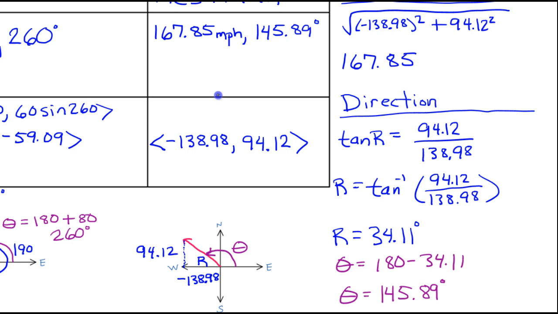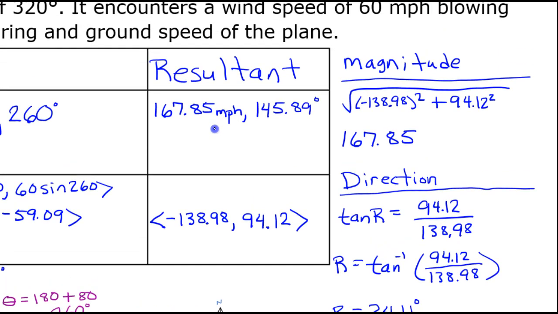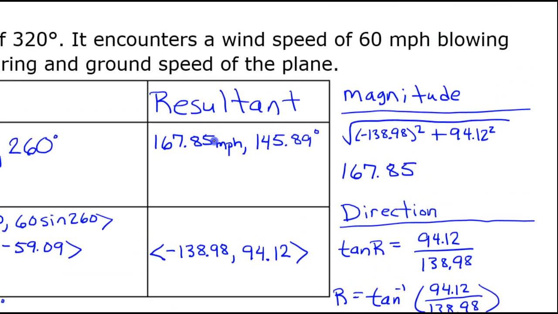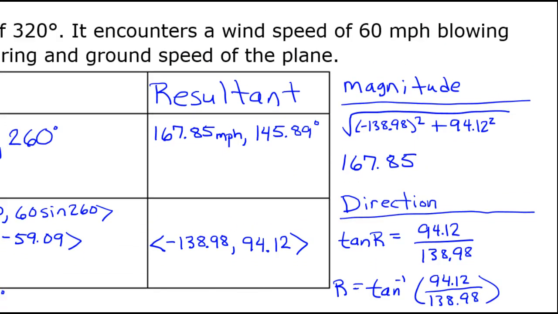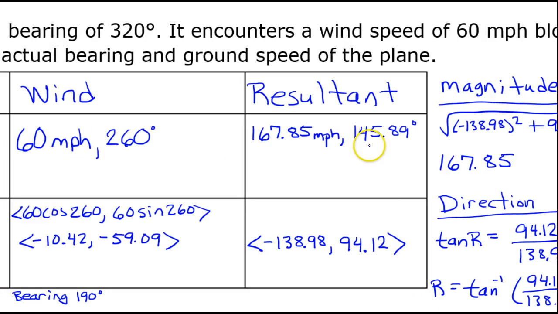Okay, now this is basically the final answer. Let's check and see if this is the final answer. No, this cannot be the final answer because the way that we write the direction has to match the way that we were given direction in the original problem. And we were given the original direction as a bearing. And in fact, they're specifically asking us what's the actual bearing and ground speed of the plane.